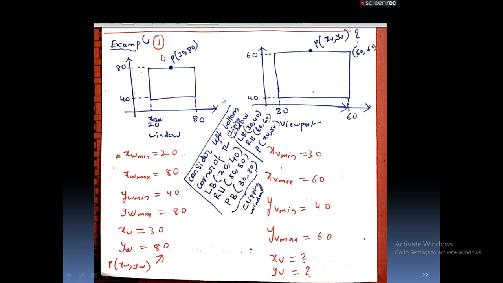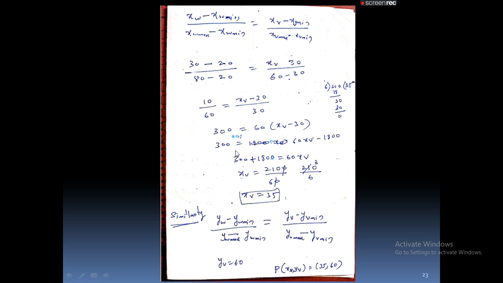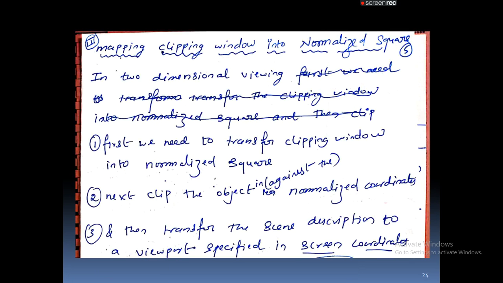The relative position from the origin with respect to the clipping window is the same as the relative position of point P with respect to the origin of the viewport. So this is the derivation we did, and we solved the problem also.